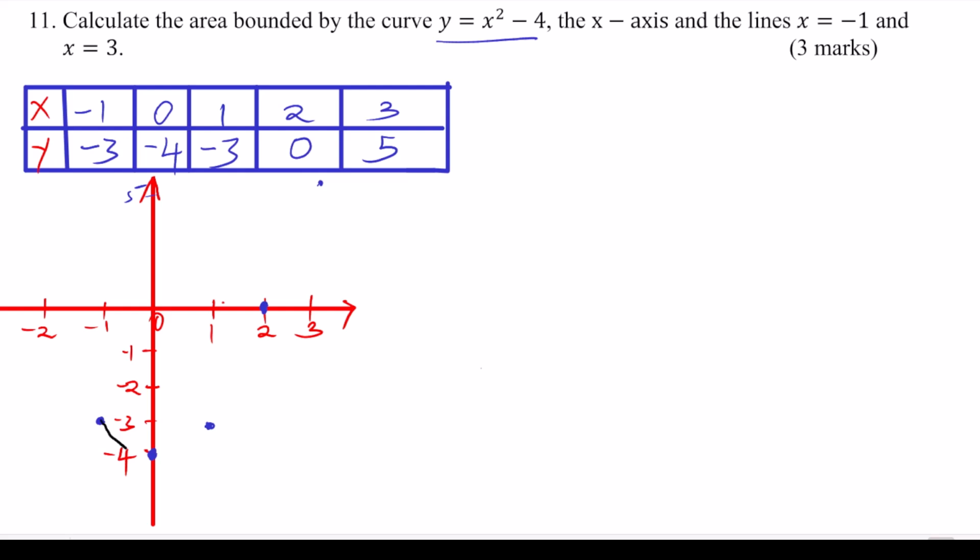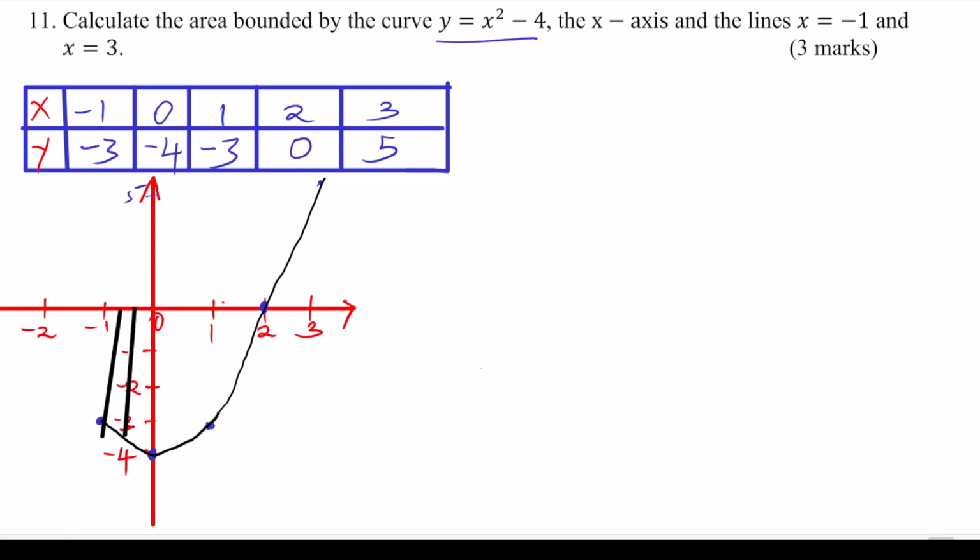When you sketch this, you have something like this. So you notice that there is an area that is below the x-axis and there is an area that is above the x-axis.